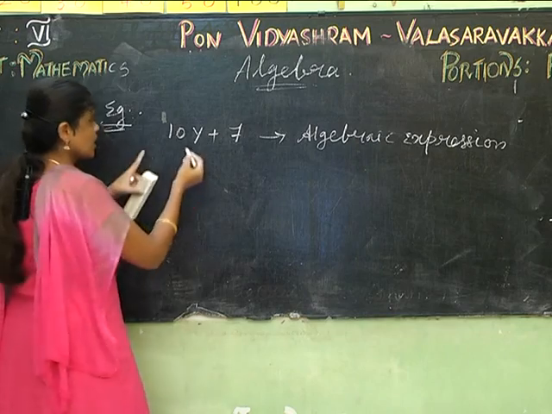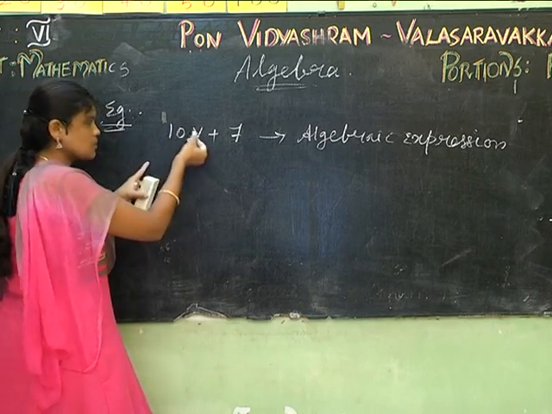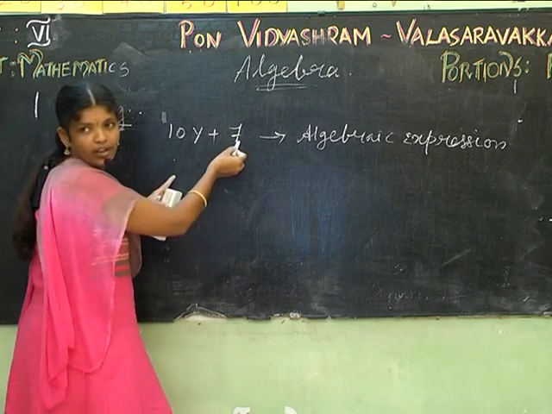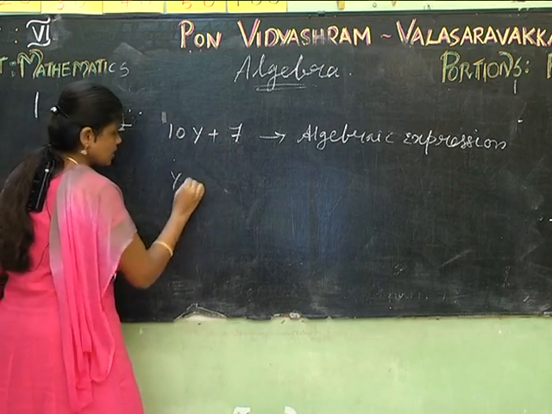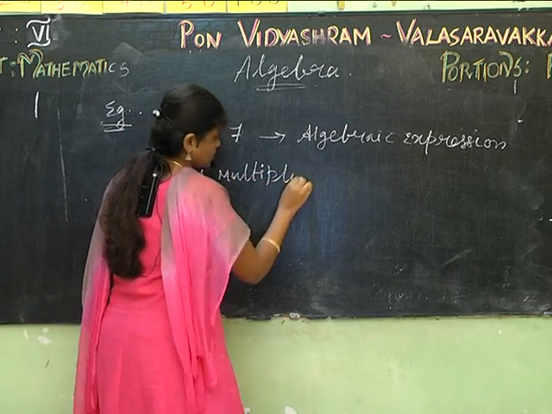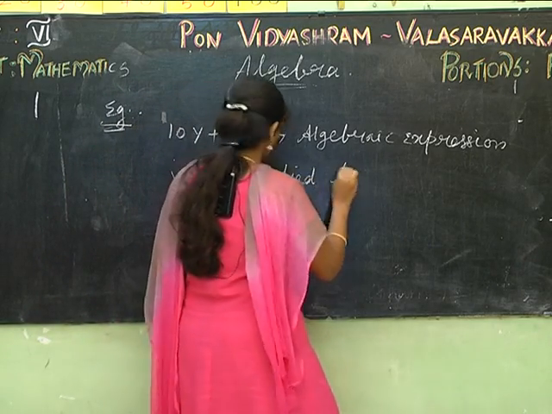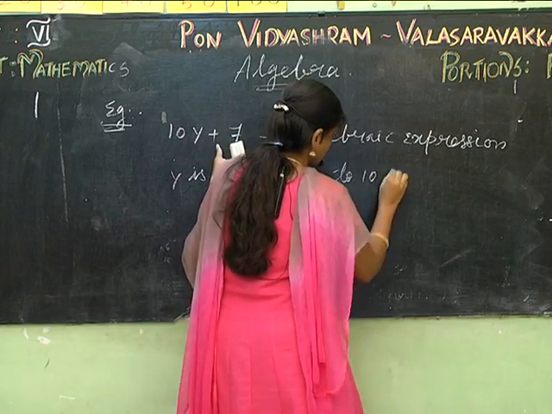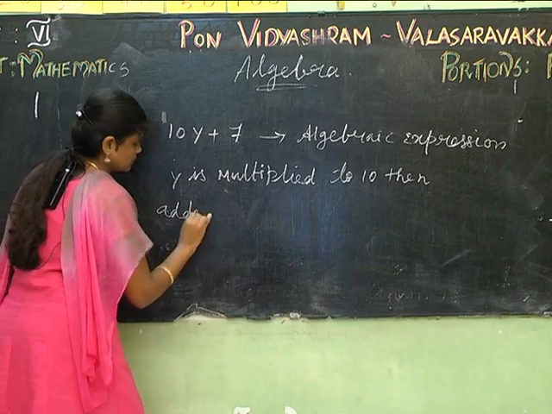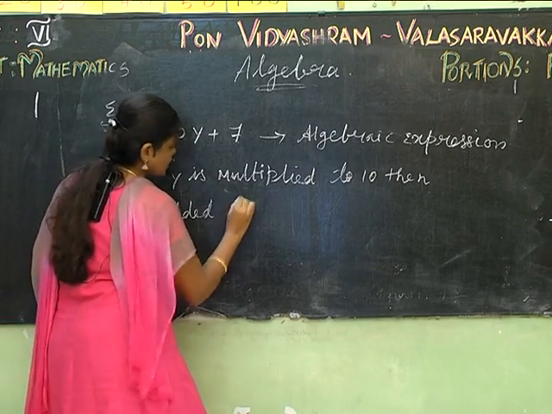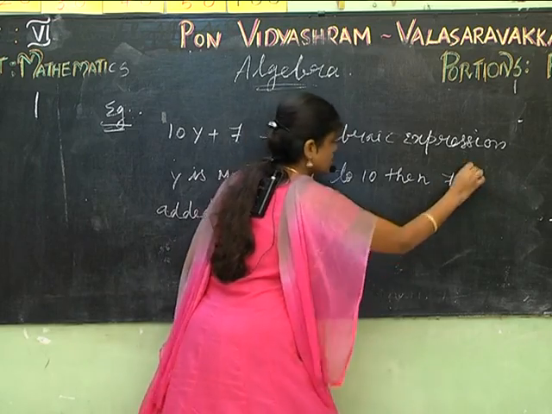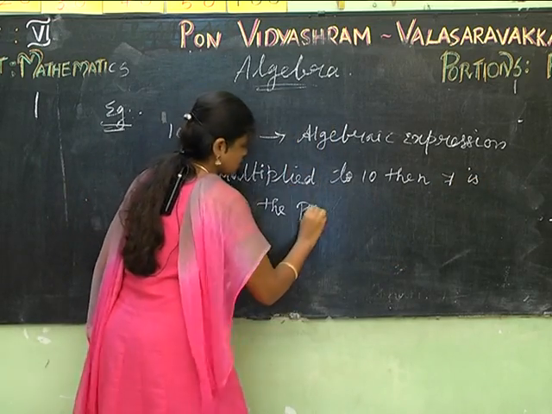How can you convert this? 10y: y is multiplied by 10, then 7 is added to the product.